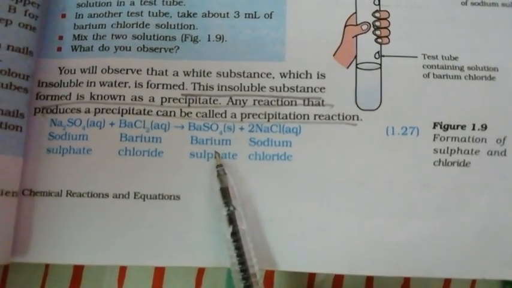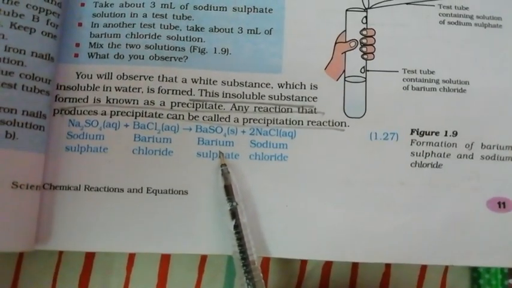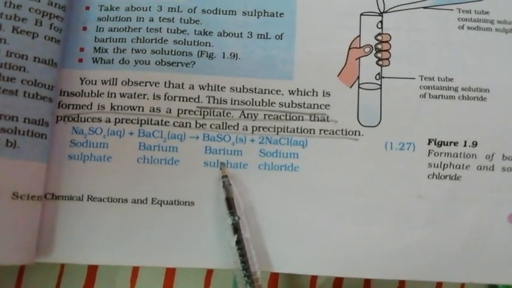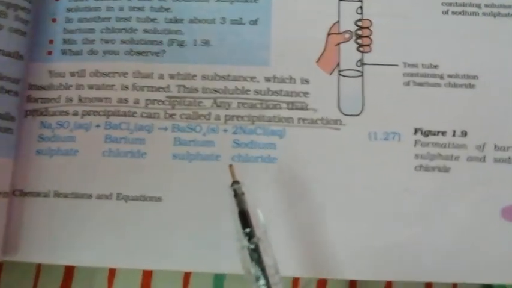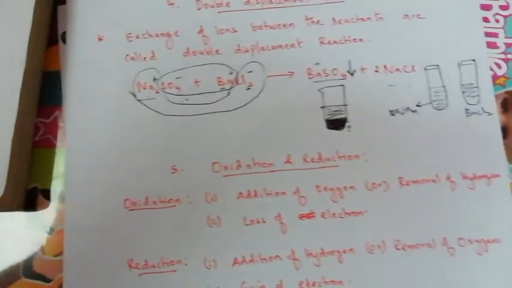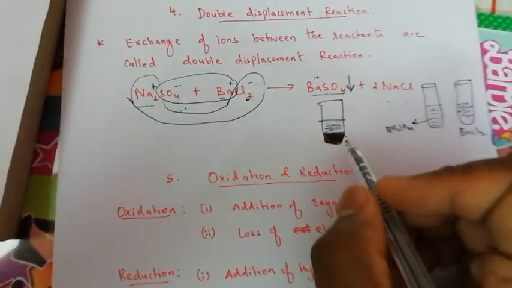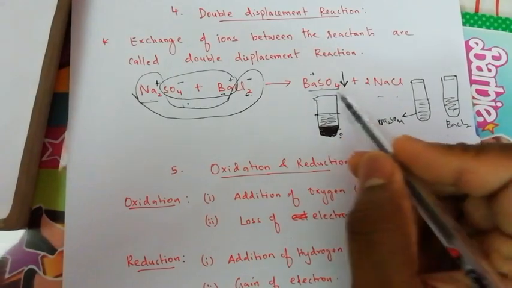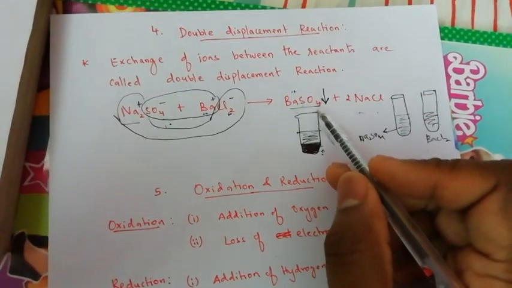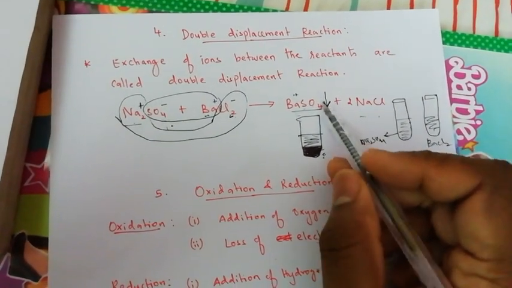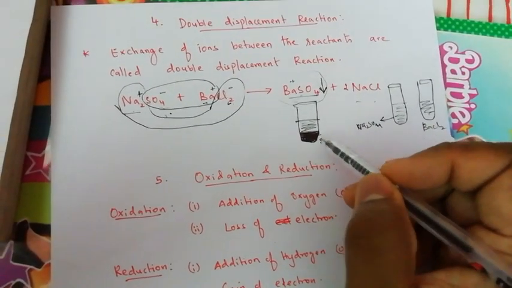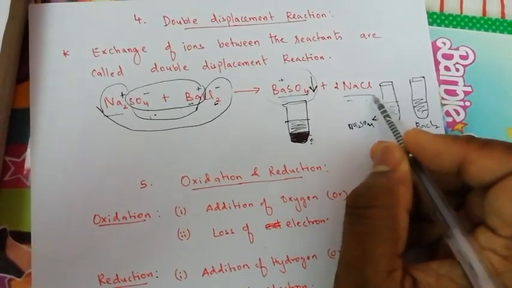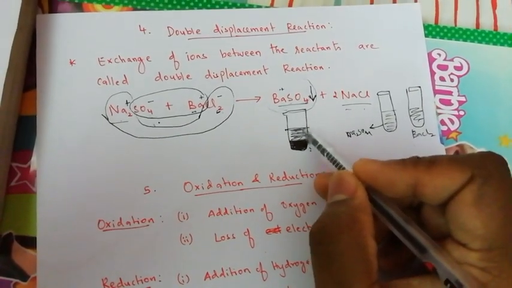This barium sulfate is formed as an insoluble substance, and that is said to be a precipitation. In precipitation, you know, it never dissolves even in water. That is actually precipitation. Clear? So which is precipitated in double displacement reaction? Barium sulfate. Clear? And sodium chloride remains in the normal salt water.